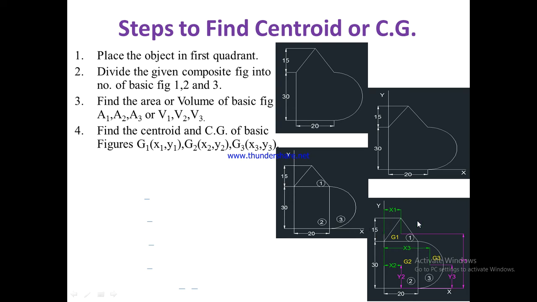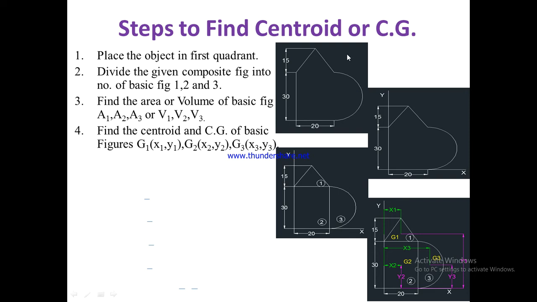Here we have placed G1, the centroid of this triangle, G2, the centroid of this rectangle, and G3, the centroid of this semicircle. Just keep in mind, to find the centroid means to find the G. This is the centroid of these individual bodies or individual laminas.